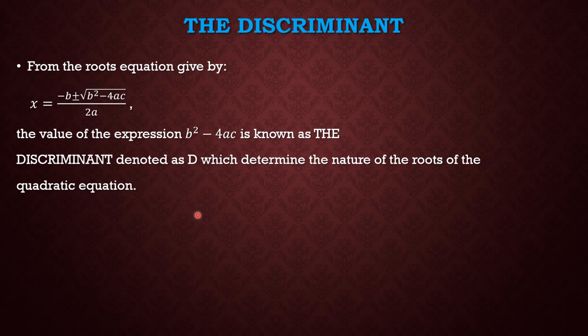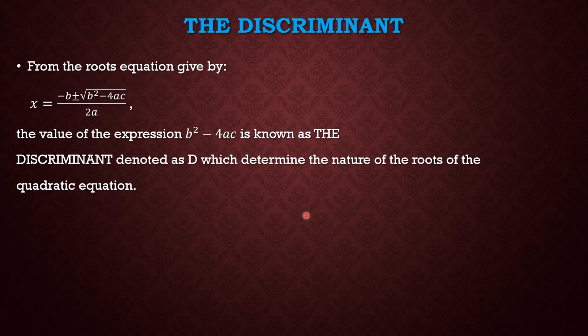In this class, I am denoting the discriminant as D, which determines the nature of the roots of the quadratic equation. As we said, the roots might be real numbers or complex numbers.